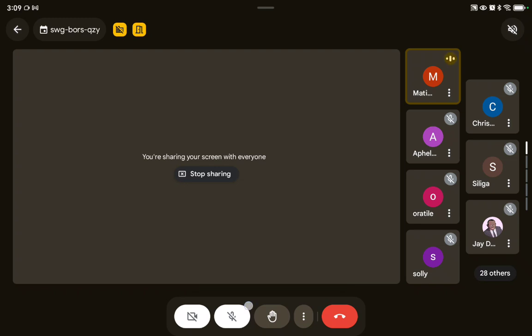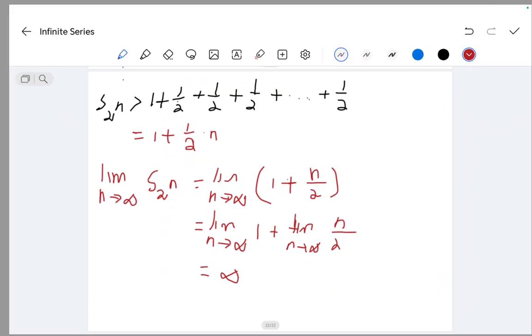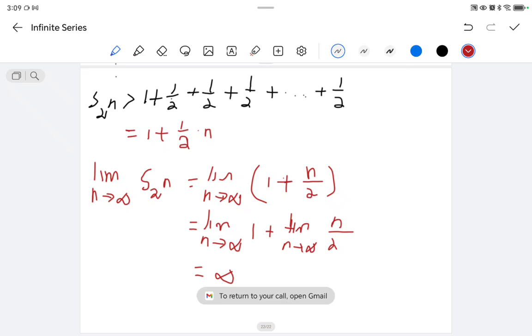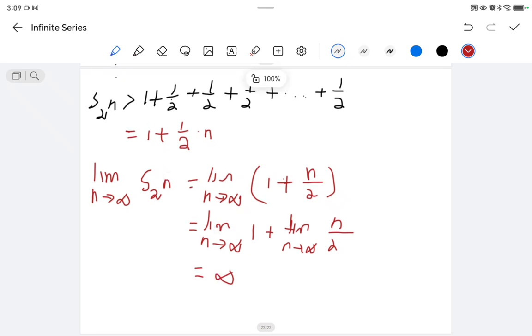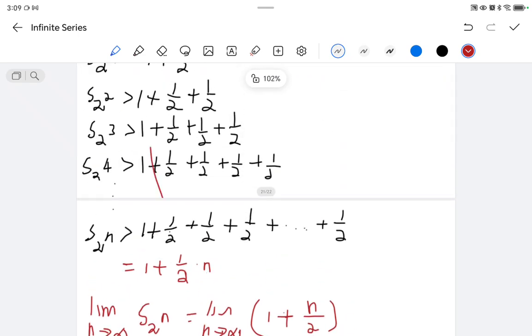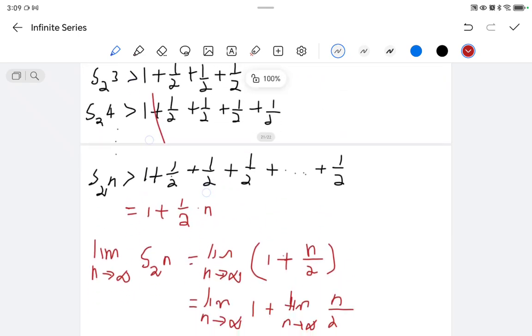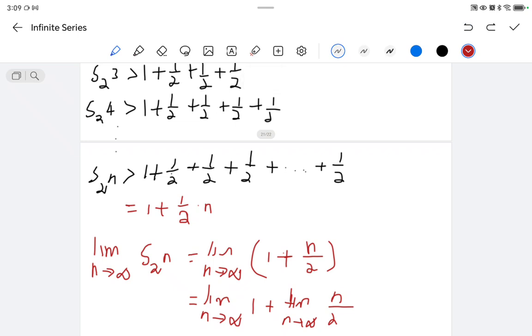Now I think the part of the harmonic series we have concluded. But if there's any question, I also wanted to look at the P series, using the P series to solve the harmonic, but we will have to go through the P series first, so that we can see how the P series is computed.